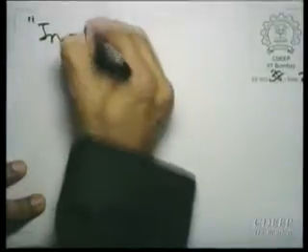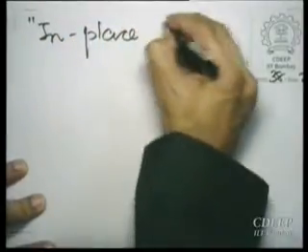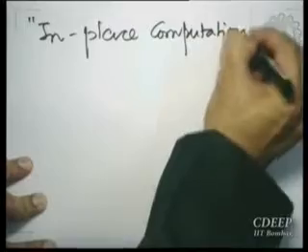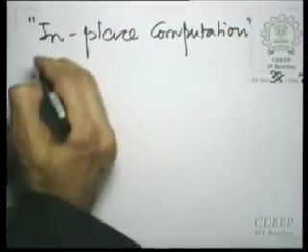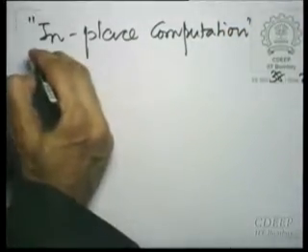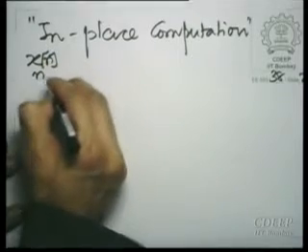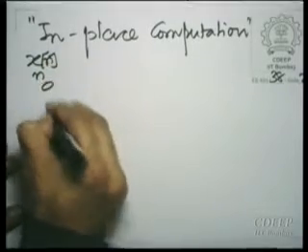So if you want what is called in-place computation of the input and the output, then what you do is feed xn, n going from 0 to n minus 1.